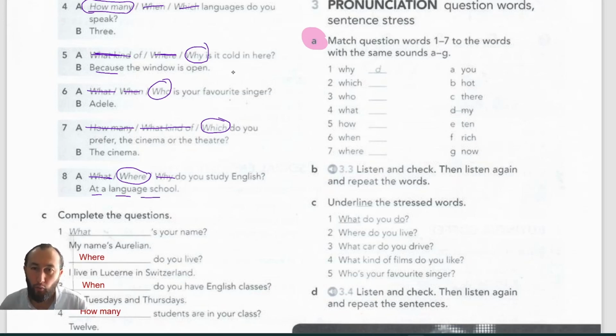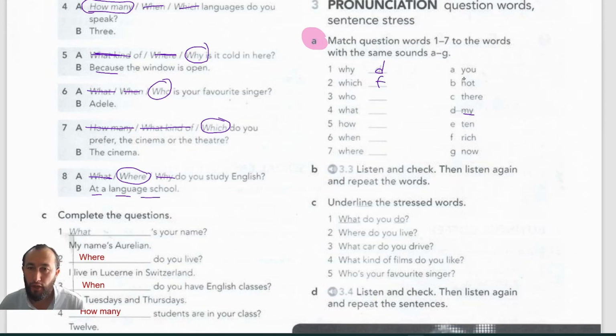Okay, so this is why. Number 1 is why, and if you go D, it will be my. So why and my. Why, my, I. Same sound, yeah? Why, my. Okay, that's why it's D here. Which matches with rich, F. Which, rich.